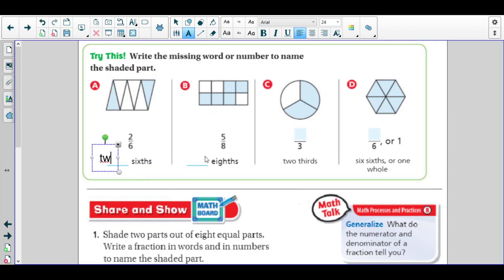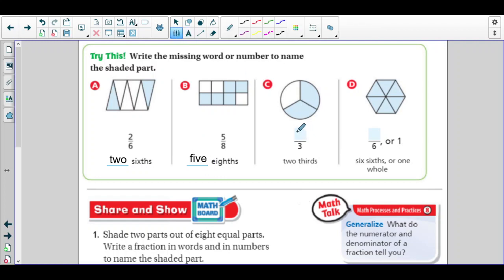So we would say 2/6. Right here, 1, 2, 3, 4, 5, 6, 7, 8 total pieces. And of those 8, 5 are shaded. So 5/8.